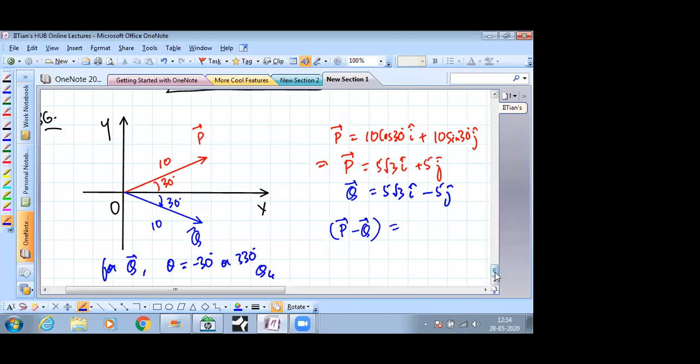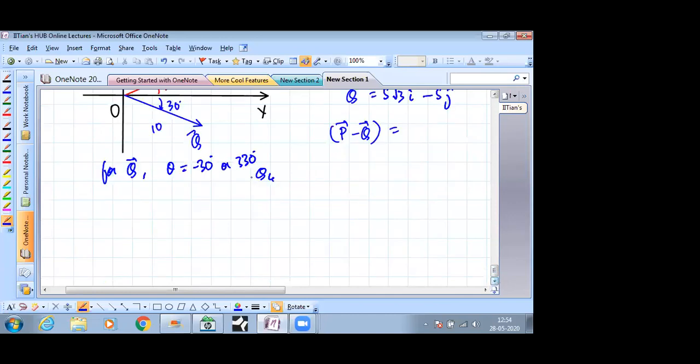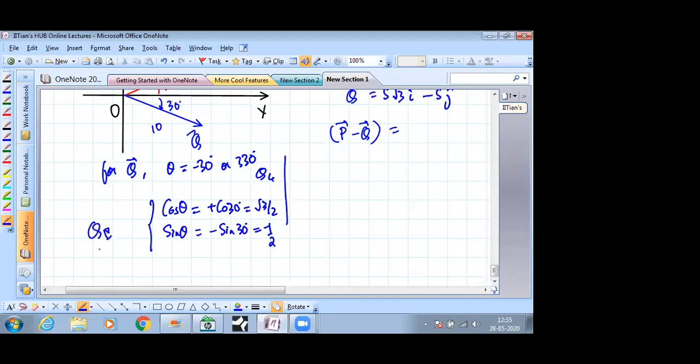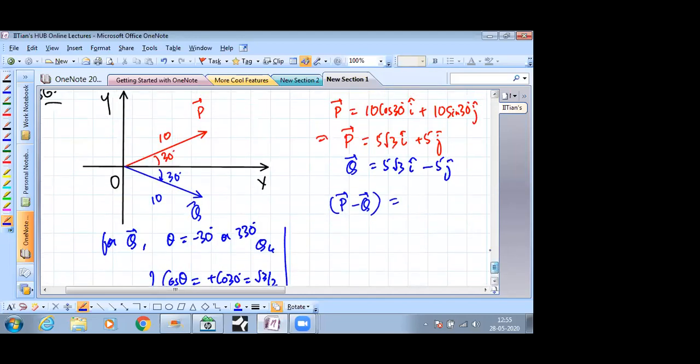So for it, cos theta is plus cos 30, which is root 3 by 2. But sin theta becomes minus sin 30, or minus half. This is quadrant 4. Cos is positive, sin is negative. So that's why the y component is negative.